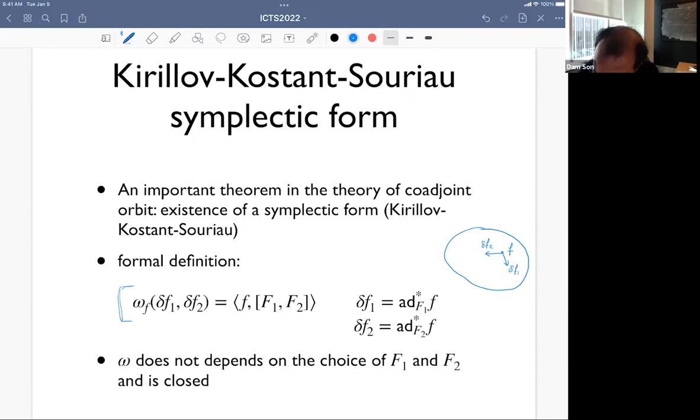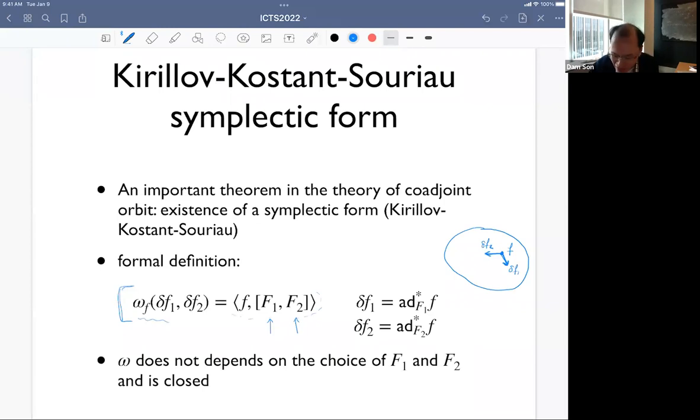So delta F1 and delta F2 are the result of small rotations of this F by elements of the Lie algebra, capital F1, capital F2. So we rotate F using an infinitesimal transformation and get these two vectors. And we define this symplectic form as the scalar product of the commutator of F1, F2 with F.